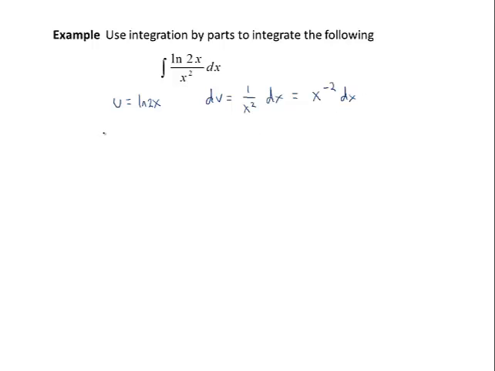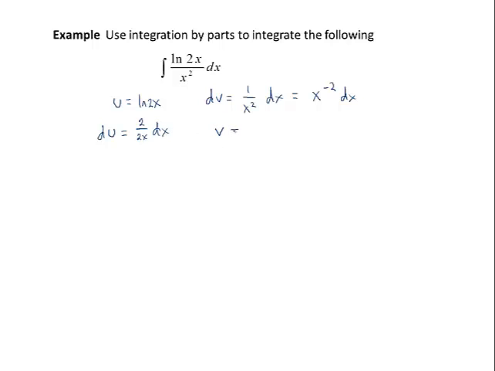We must compute the differential du. The derivative of natural log 2x will be 2 over 2x. Do not forget the chain rule, to get 2 over 2x dx.